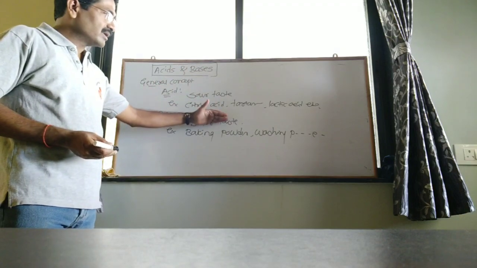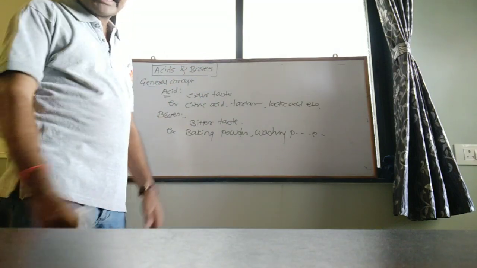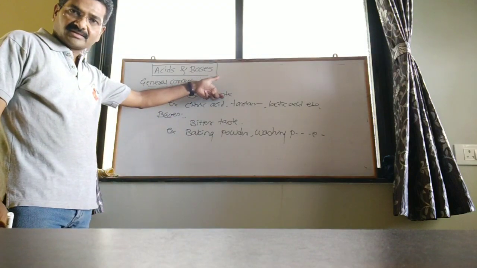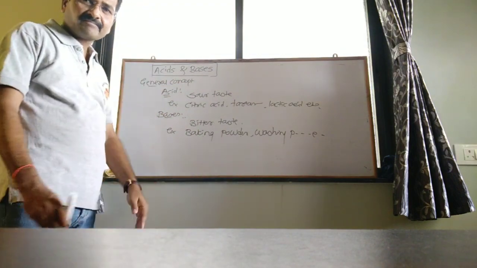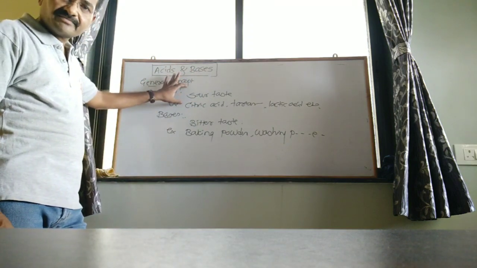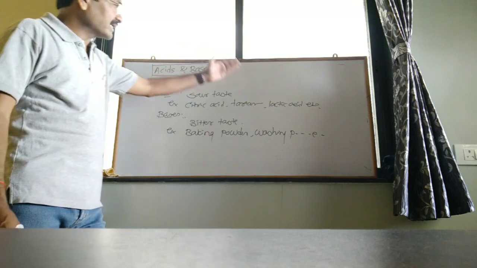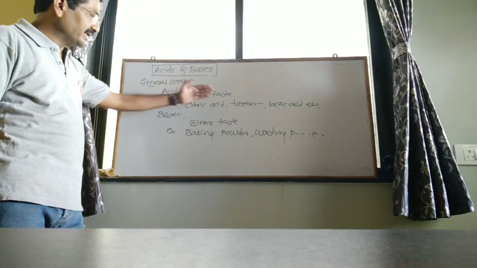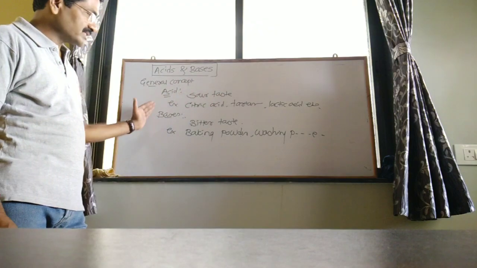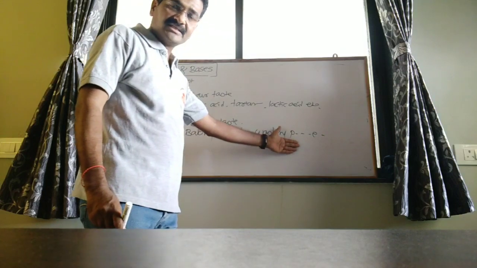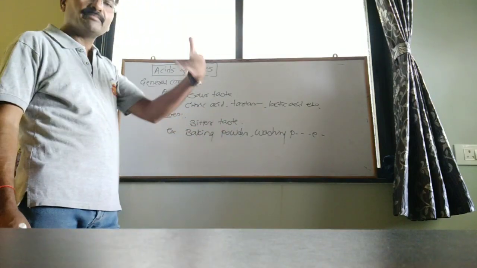According to the general concept, we distinguish acids and bases only depending upon taste. Substances having sour taste are acids, like tartaric acid and lactic acid, and substances having bitter taste are called bases. Common examples are baking and washing powder, that is sodium bicarbonate and sodium carbonate.